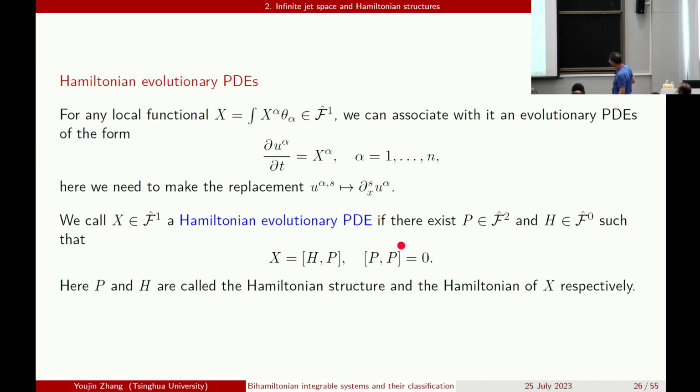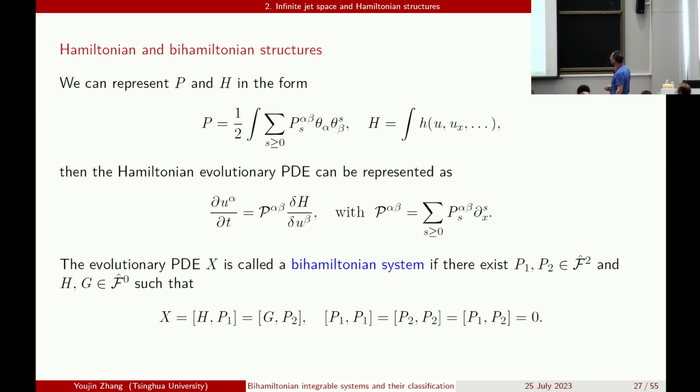This means that the Schouten bracket of P with itself equals 0, and this vector field X can be represented as the Schouten bracket of H and P. So this H is the Hamiltonian corresponding to this Hamiltonian vector field. So this is a Hamiltonian system. And then, for example, for the KdV, we also have bihamiltonian structures.